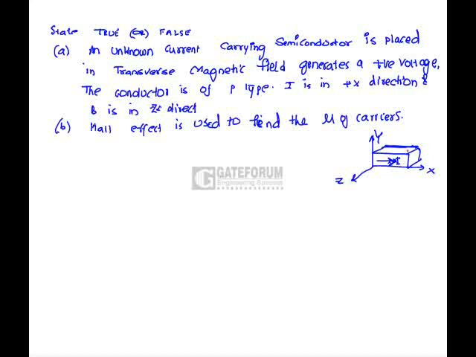Here the Hall voltage is positive, but they haven't mentioned with reference to which plate. There are two plates, this is the first plate and this is the second plate. They haven't given which plate we have to consider as a reference in order to calculate the Hall voltage. Hence statement A is not complete, meaning complete data is not given here. The force is nothing but q v cross B, the velocity times the magnetic field. Velocity is in the x direction, the magnetic field is in the z direction.